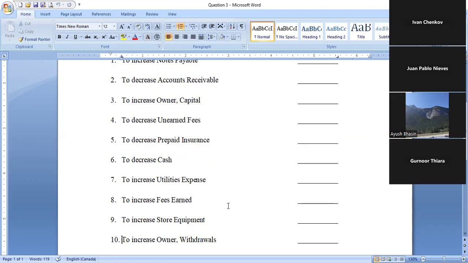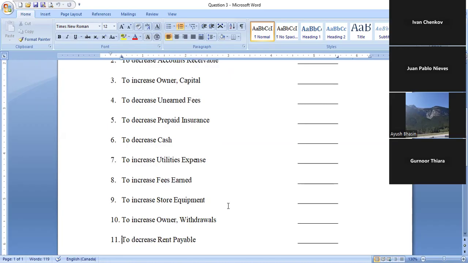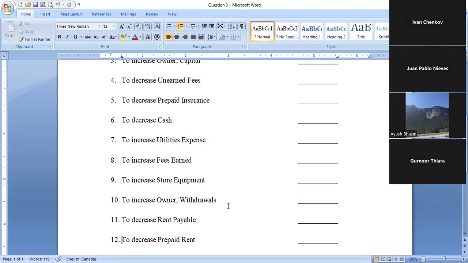Owner's withdrawals. Withdrawal account, how can I increase it? On the debit side, correct. Good, very good. Rent payable. Liability account, correct. It's payable. I want to decrease that liability account on the debit side, correct.